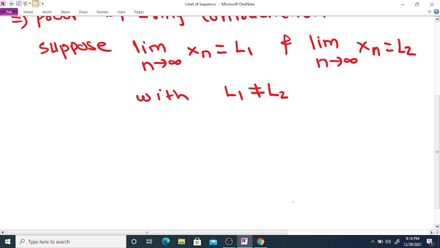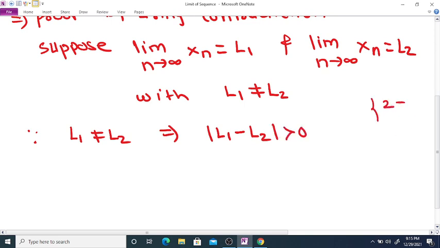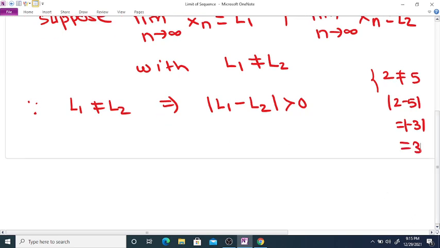So since L1 is not equal to L2, this implies mod of L1 minus L2 is greater than 0. Since we know that 2 is not equal to 5, the mod of 2 minus 5 is equal to mod of minus 3, which is equal to 3.